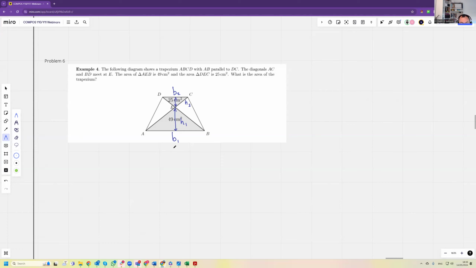So the area of triangle ABE is equal to 1/2 B1 H1, and the area of triangle CDE is equal to 1/2 B2 H2.